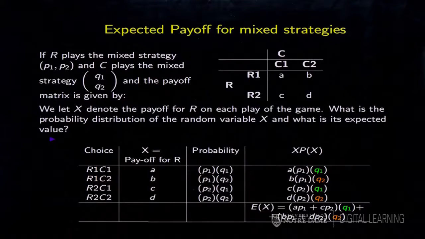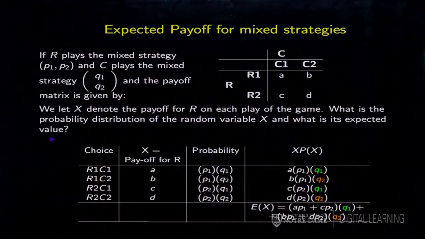The first one is A times the probability that A happens, which is P1 times Q1, etc., etc. The last one is the payoff D for R, times its probability, which is P2 times Q2. And then we add those to get the expected value of X. Now the reason I'm doing this in an abstract way is because I'm going to use this formula later.